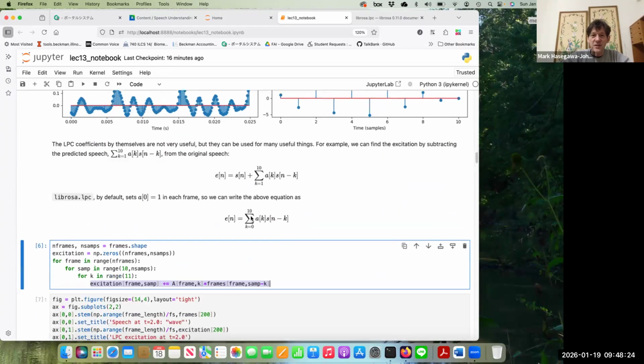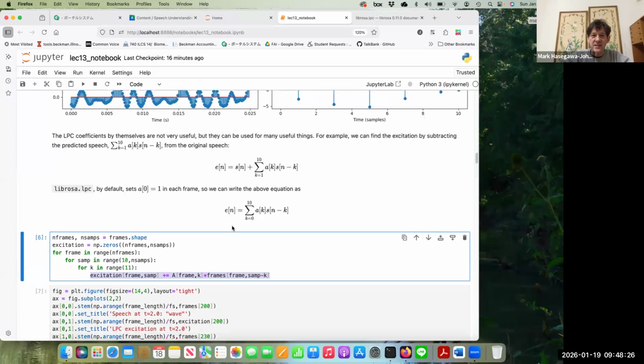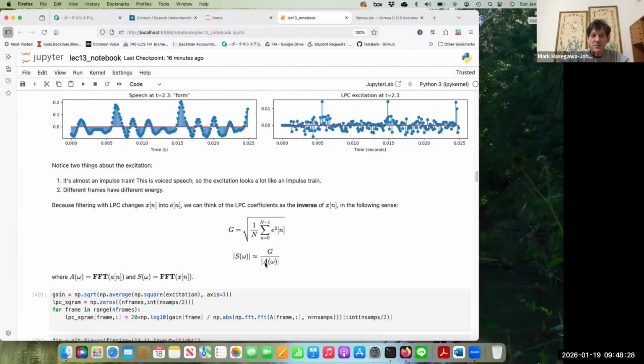The LPC coefficients are inverse filtering S to get E, and so we can get the speech back again by dividing by the Fourier transform of the LPC coefficients. So we can take that LPC sequence, A0 through A10, treat it as a signal, take its Fourier transform, and then take 1 over that Fourier transform. And that gives us back the speech Fourier transform.